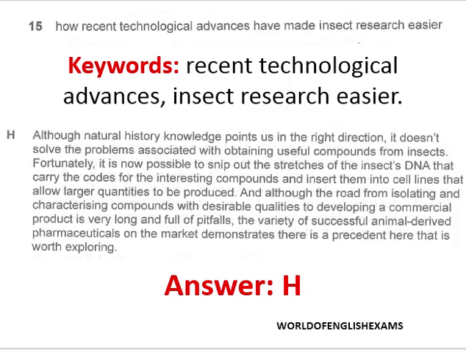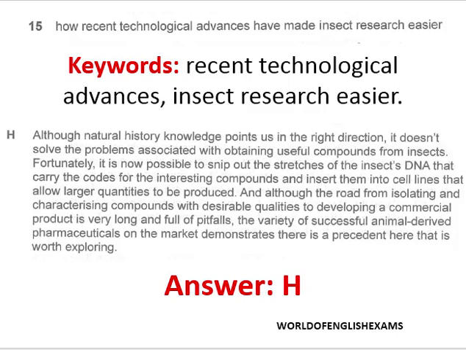So they are telling that it is now very convenient and easy to snip out. Snip out is nothing but to extract the stretches of the DNA. So it's very easy to extract the DNA from the insects and insert them into cell lines that allow larger quantities. So it's very easy to produce larger quantities.